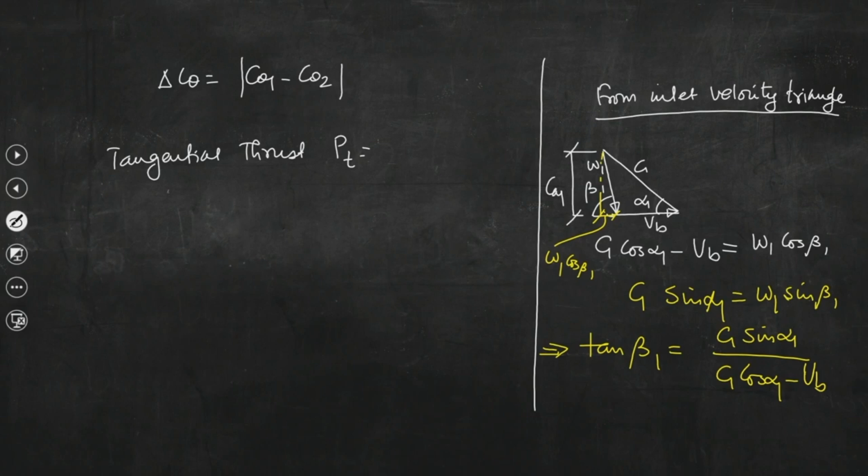This C theta 1 and C theta 2, you can understand that C theta 1 is basically the component of absolute velocity in the tangential direction, that is nothing but C1 cos alpha 1.